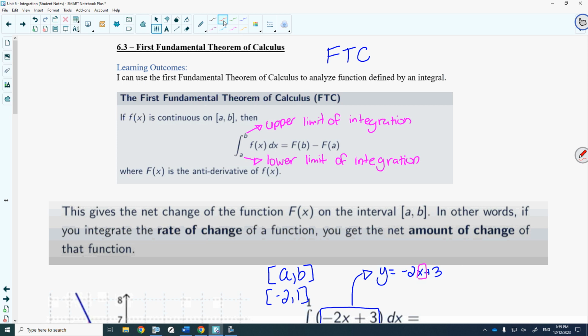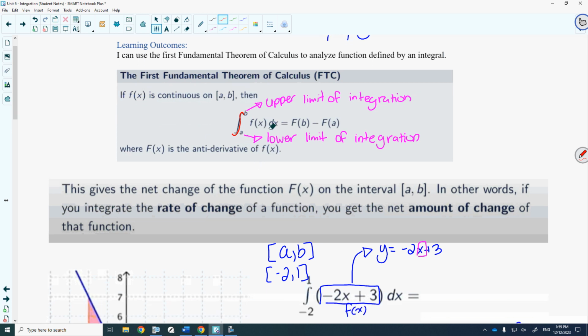This symbol, this S, it's like for sum, this is the integral symbol. So this is the integral of f of x dx. We're integrating with respect to x from a to b, so from this lower limit of integration to the upper limit of integration.